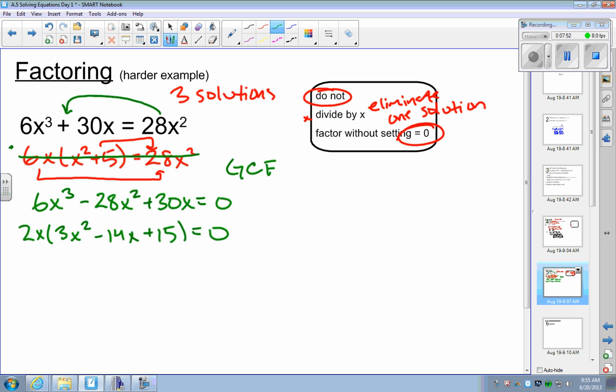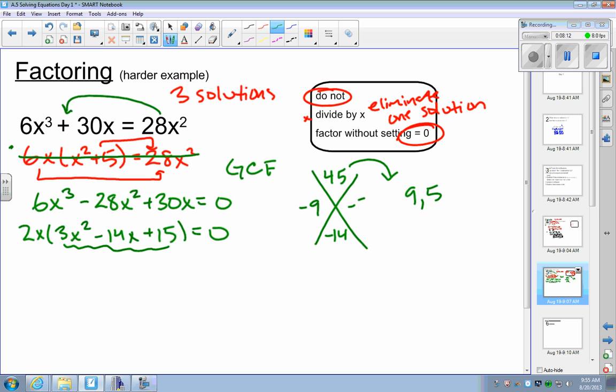Now, you're still going to need to factor this one in here. Okay, so let's see how it works. We'll do the x method into grouping. So this is 45, negative 14. So that's going to give me 9 and 5.